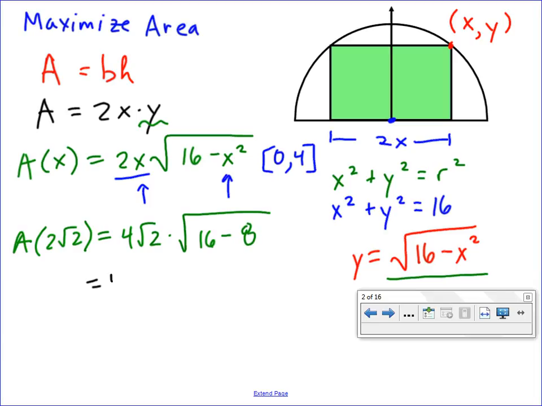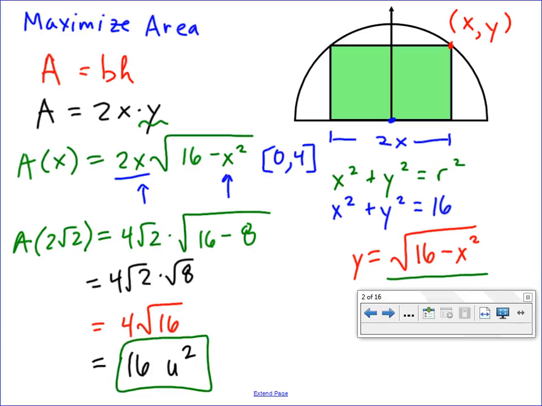So I'm getting 4 root 2 times root 8. And that looks like 4 times root 2 times root 8, which is root 16. Root 2 times root 8 is root 16, and that's nice because the square root of 16 is 4. So we get 4 times 4 is 16 square units. That's awesome.